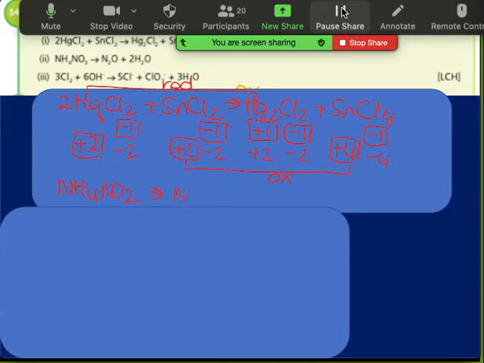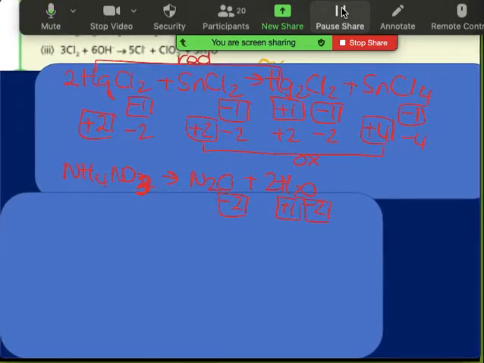NH4NO2 goes to N2O plus 2H2O. So -2, +1, -2. It's NH4NO3. Thank you, Eva. So here it's -2. I have 2 N's on the other side, each one must be +1.